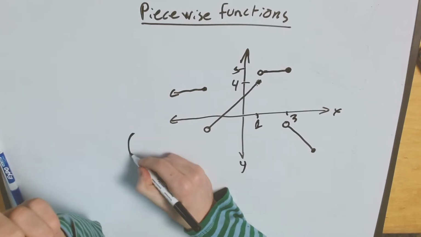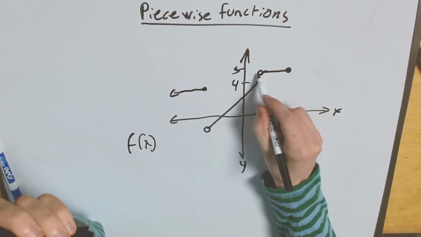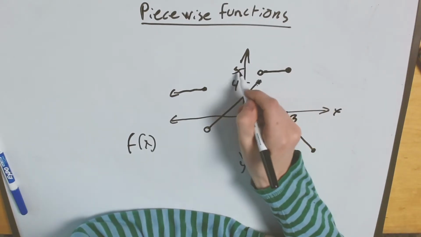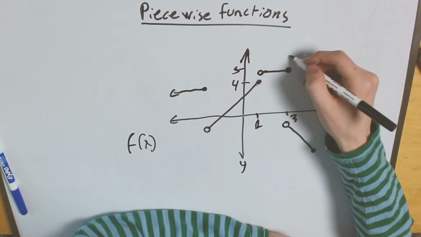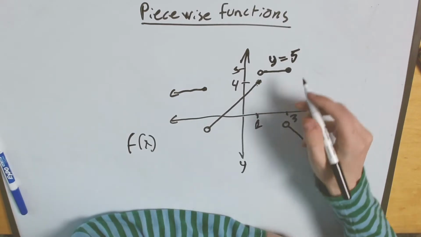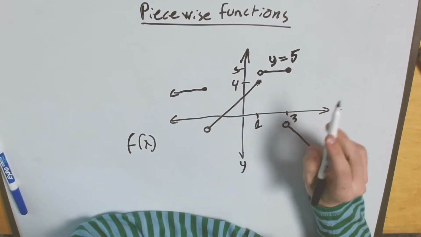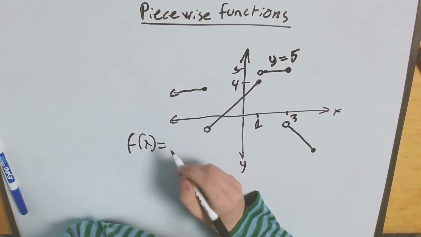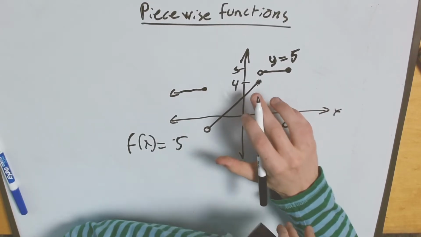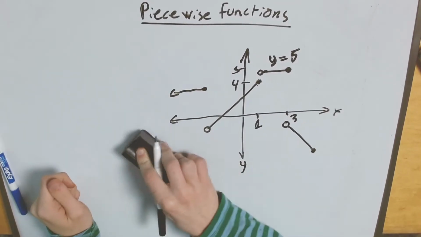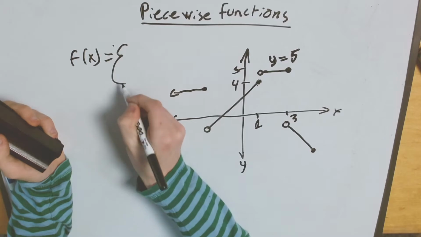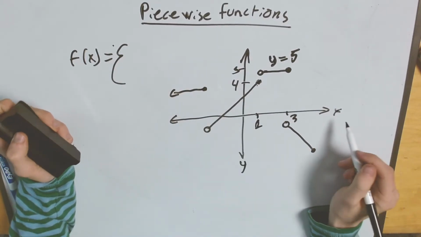For example, we notice that this segment here has a slope of 0, and if we were to continue drawing this, it'd have a y-intercept of 5. So we can say at this point, we have y equals 5, right? That describes this line. But we can't just say f of x equals 5, right? Because on other portions of this line, we have something completely different. What we say is, this bracket indicates that it's a piecewise function, that it has multiple parts.